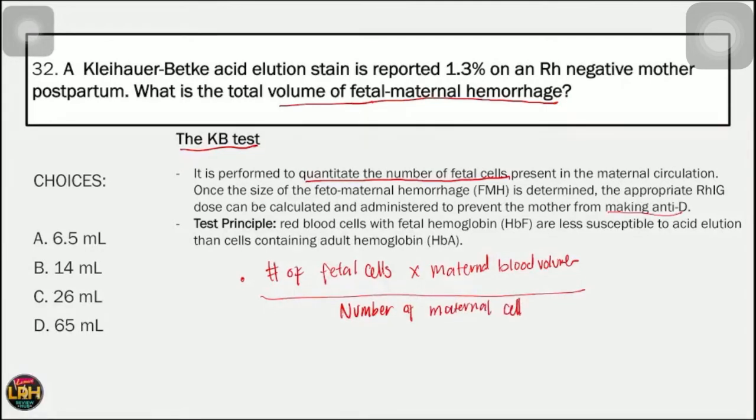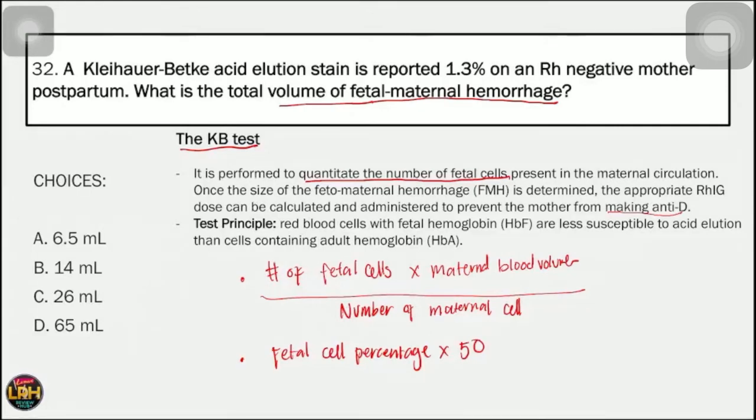Or we can use a simpler way to calculate the dose, which is to multiply the fetal cell percentage using an approximate factor of maternal blood volume of 50.